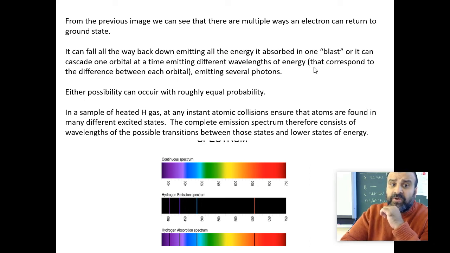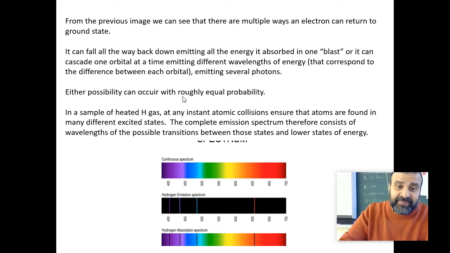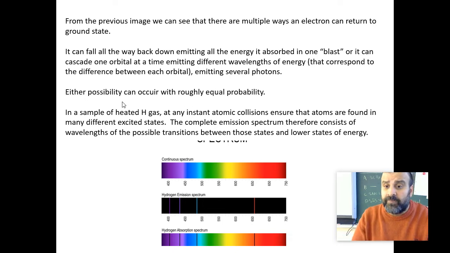And these energies correspond to the difference between each energy level. And it emits several photons of light. And either possibility can occur, or as I like to say, occur, right? That's not incorrect at all. Don't listen to me. Either possibility can occur with a roughly equal probability, so 50%, 50%.